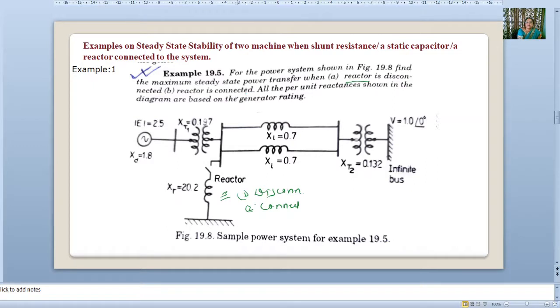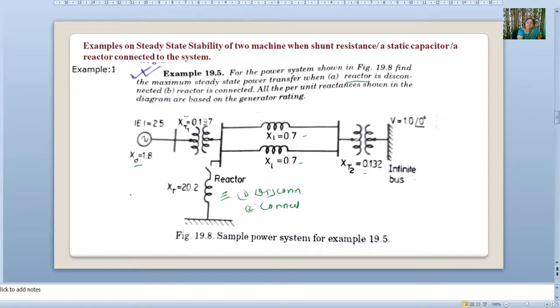All the per unit reactances shown in the diagram are based on generator rating. Xd, Xt1, XL, XL, and Xt2 are given, with an infinite generator connected to the infinite load, V and E given.